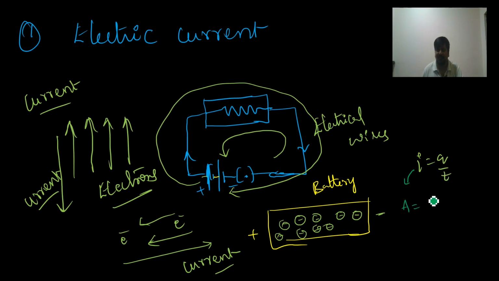The SI unit of charge is coulomb, and the SI unit of time is second. So 1 ampere is when 1 coulomb of charge flows per unit time. That is considered as the electric current, I equals Q by T. So 1 ampere equals 1 coulomb per 1 second.